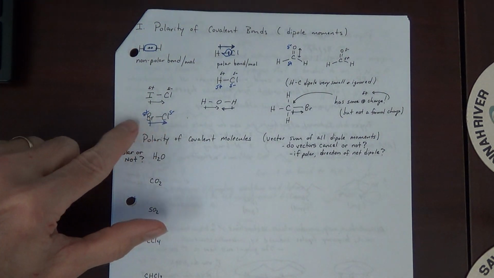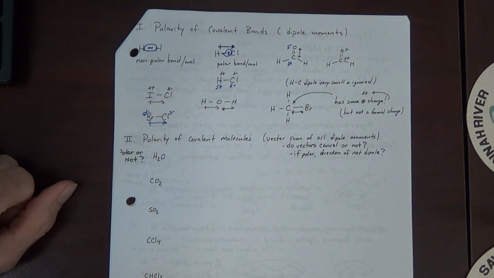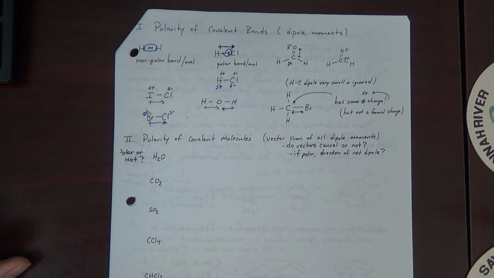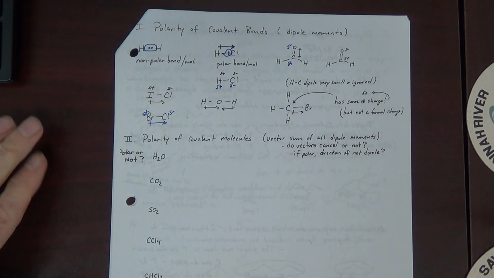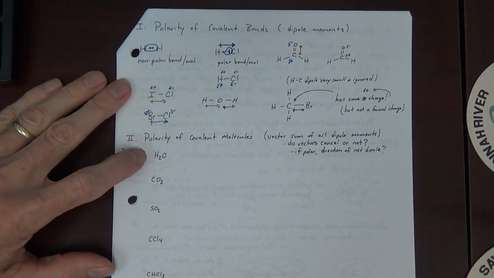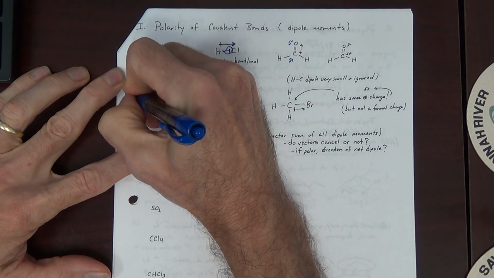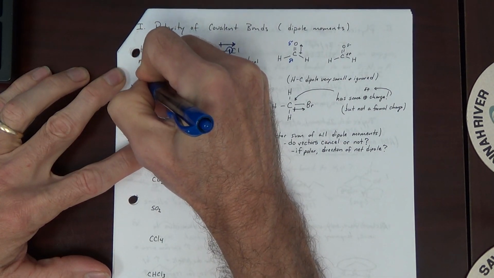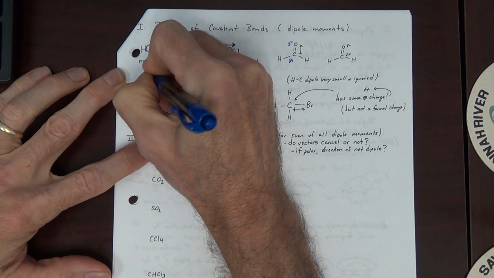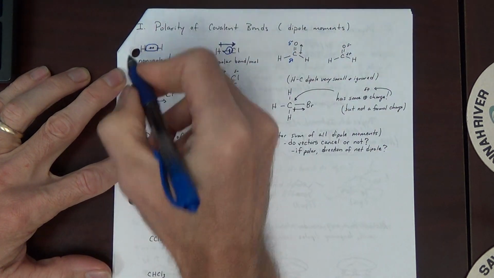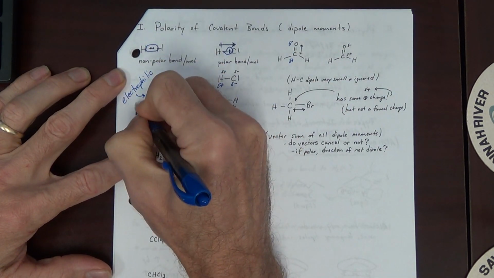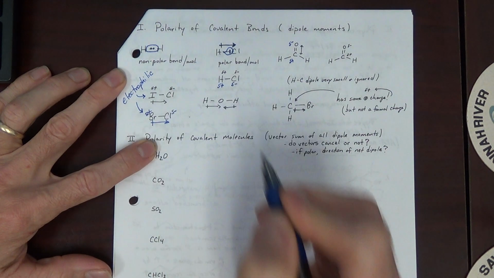Let me ask, of these two halogens in the BrCl molecule, which one is more electrophilic? Well, the iodine and the bromine are electrophilic.